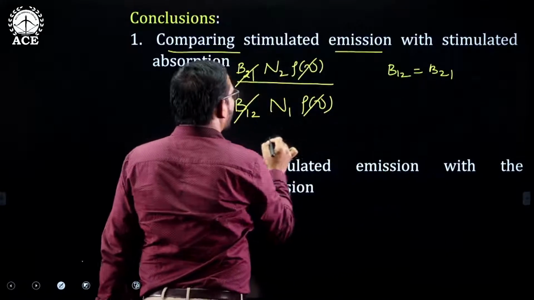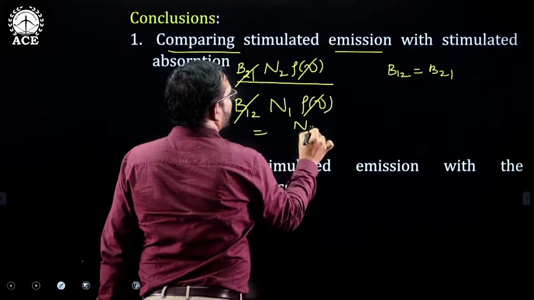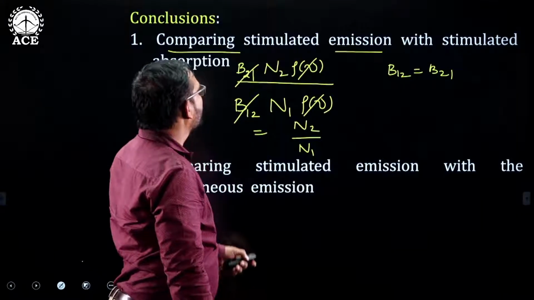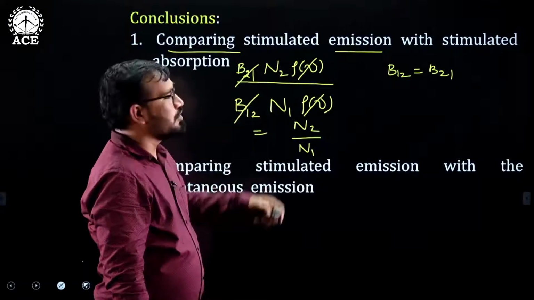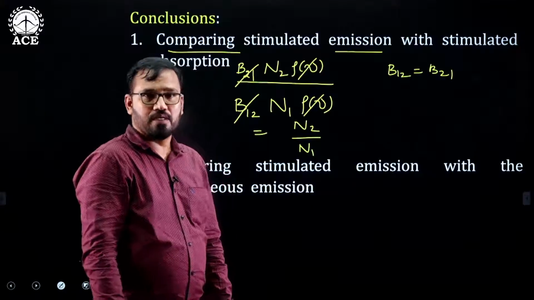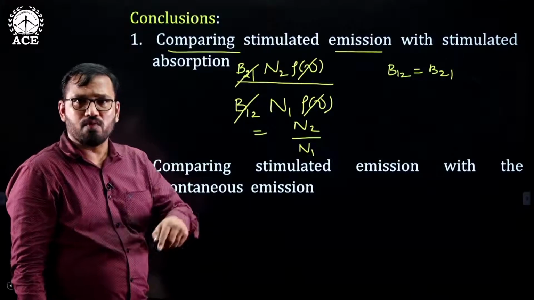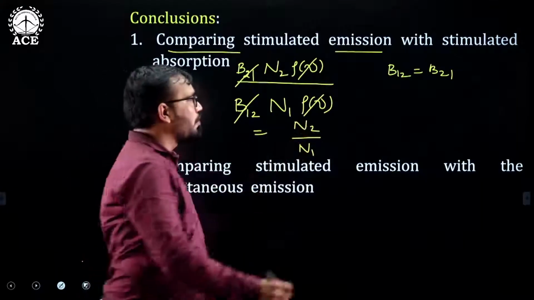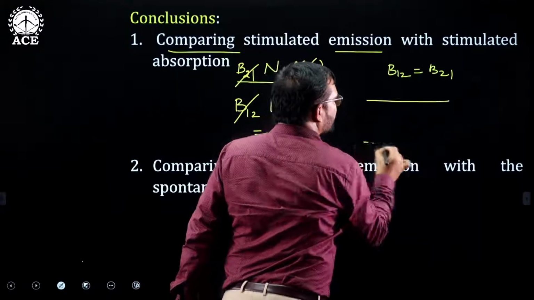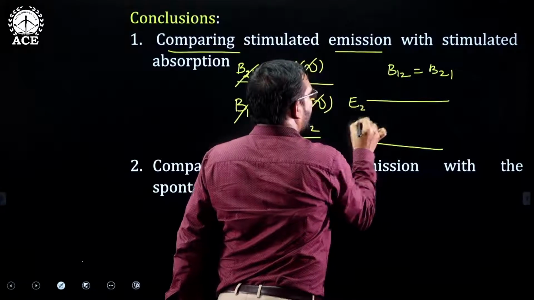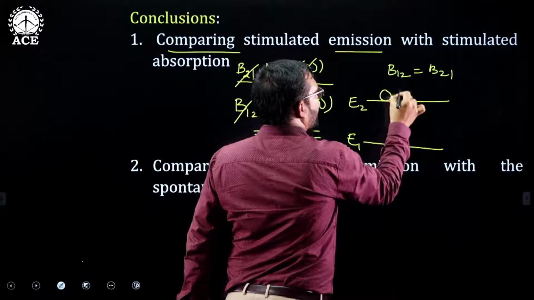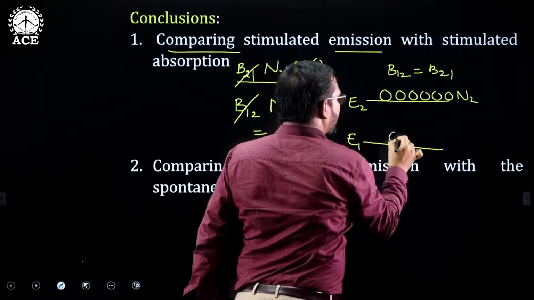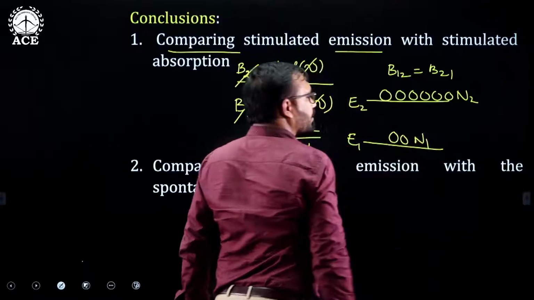So what are you left with here? N2 by N1. Okay. In order to have more stimulated emission, more downward transition, the number of atoms should be more in the higher energy level. What is N2? N2 is the number of atoms present in the E2 level, and N1 is the number of atoms present in the E1 level.